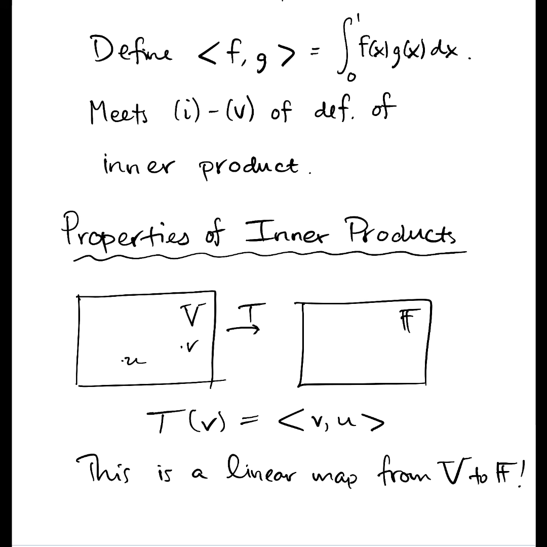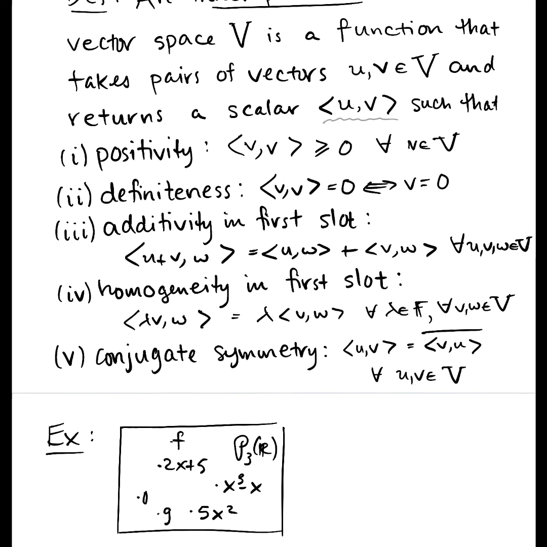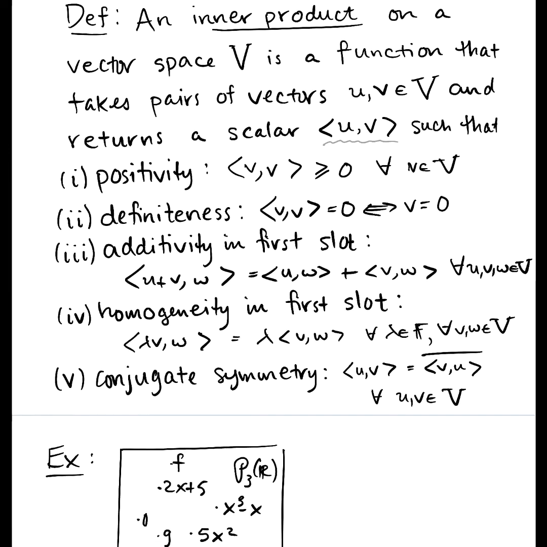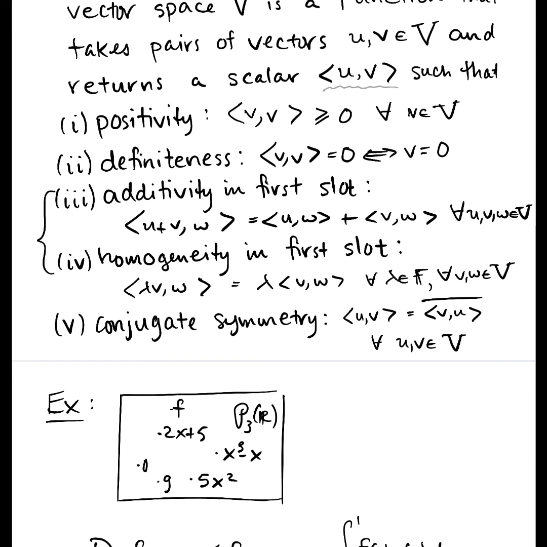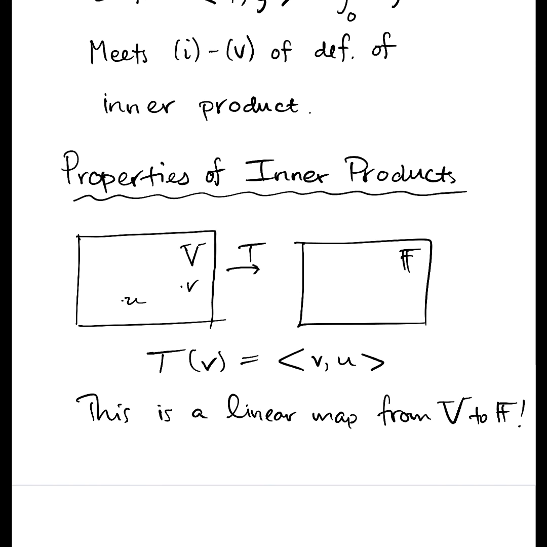And it's easy to see that it's linear because to be linear is simply to satisfy properties 3 and 4 in the definition of inner product. So if you have a working inner product, this map T that we've defined is automatically linear. Then once you know that T is linear, a bunch of other stuff follows.